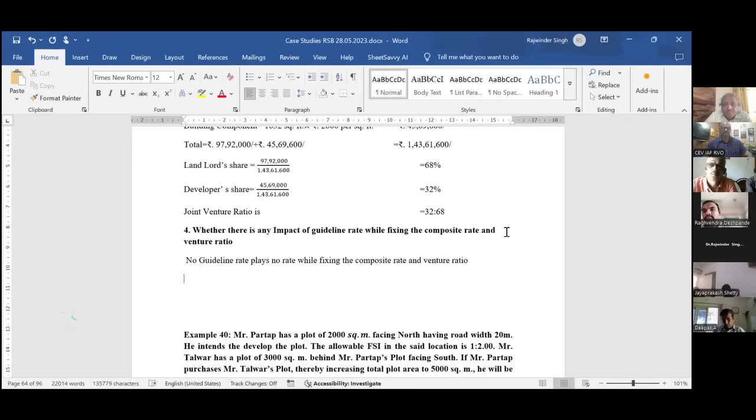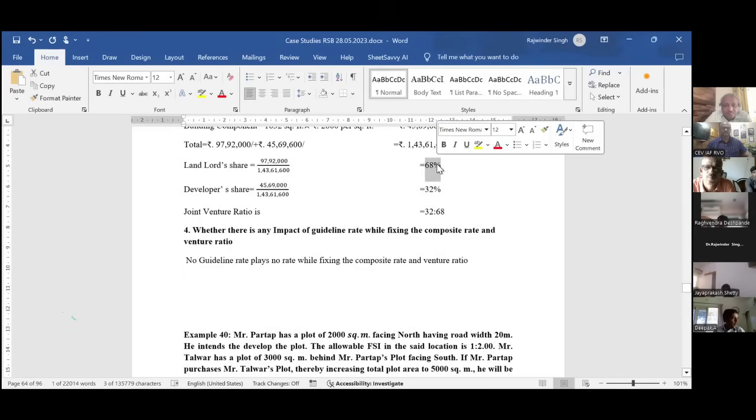And in suburban areas or in small cities, developer's share will be more than the landlord's share. And in developed area and NCR, landlord's share is maybe higher. So there is no fixed percentage.